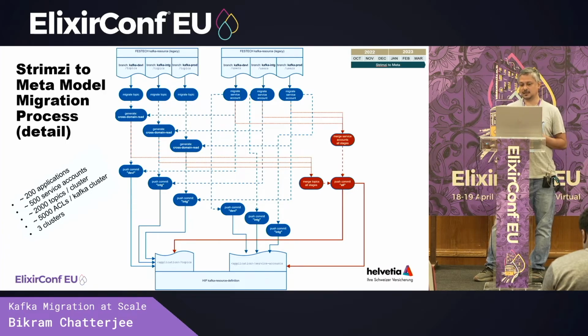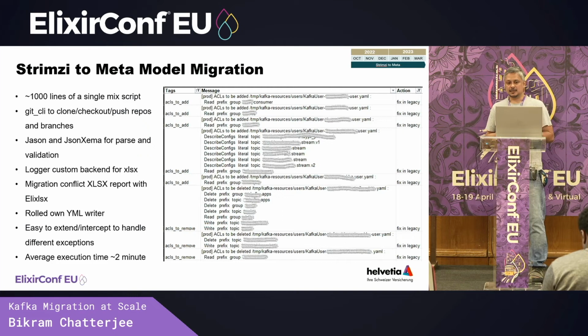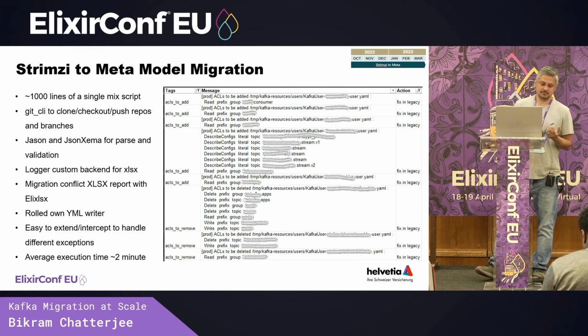At a very high level, the red lines are the final product of the migration, whereas in the blue lines, we needed to do a lot of intervention, debugging, and checks, so it created a lot of intermediate results to be able to compare if the migration is going correctly or not. The migration script itself was about 1,000 lines of a single mix script.